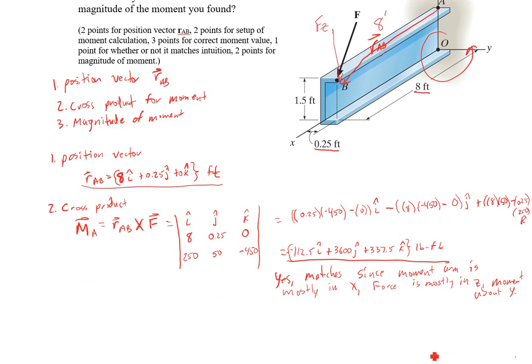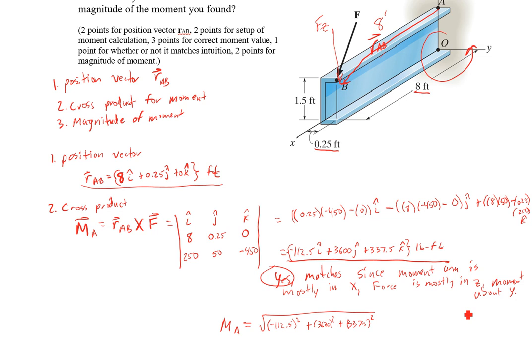Alright, so then lastly, our magnitude. Yes, it matches it. The magnitude, M A without the vector symbol, is going to be the square root of each of these terms squared. So I get negative 112.5 squared plus 3600 squared plus 337.5 squared.